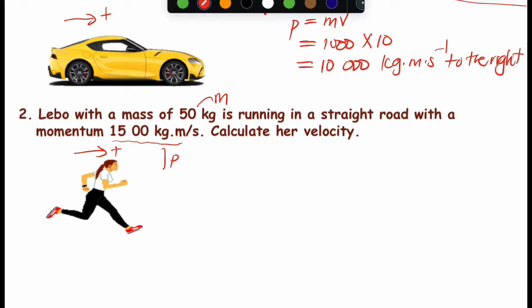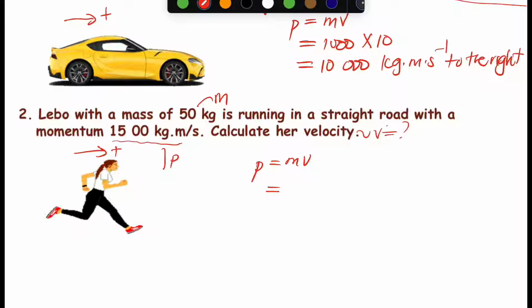It's her velocity, so we use the formula. We want V. We use the formula P is equal to mv, and then we substitute what we have. The momentum will be positive because she's going in the positive direction.